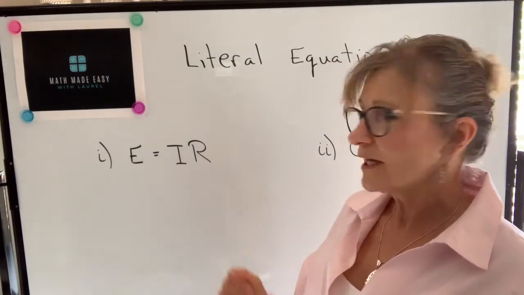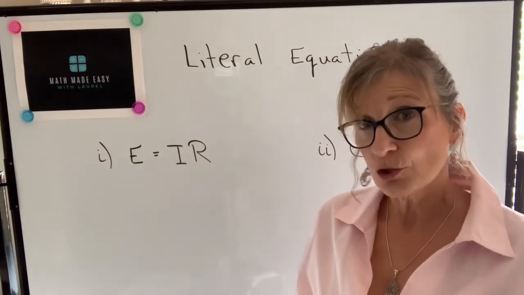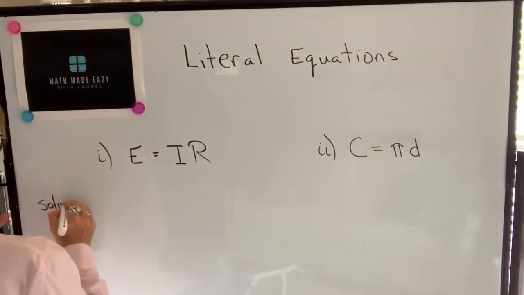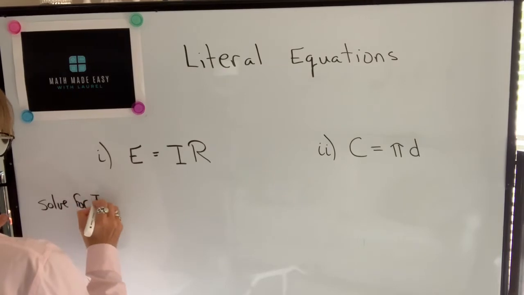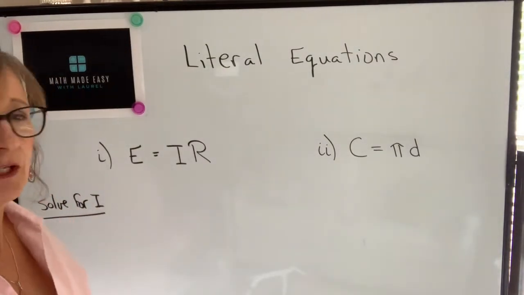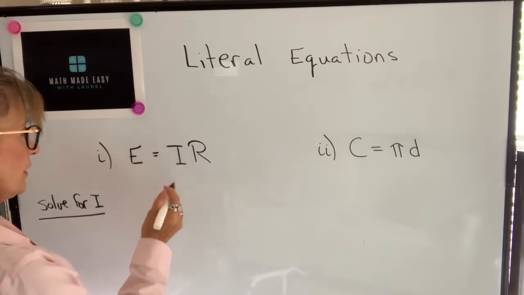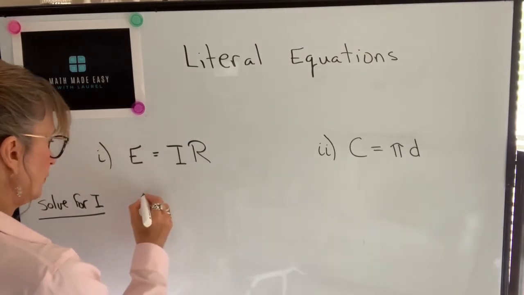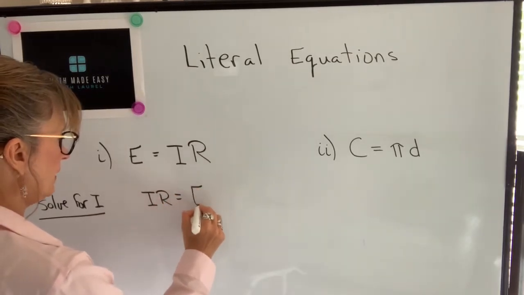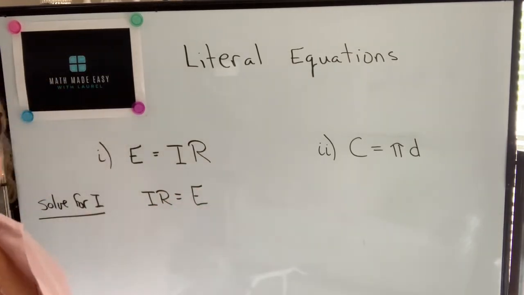So in this first example, let's say we wanted to know what I is equal to. So we're going to solve for I. That's the instructions that we've been given. If you're more comfortable, you can move I times R equals E to the other side. It's up to you.